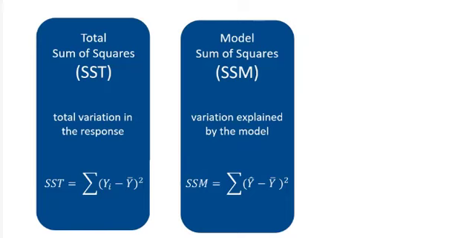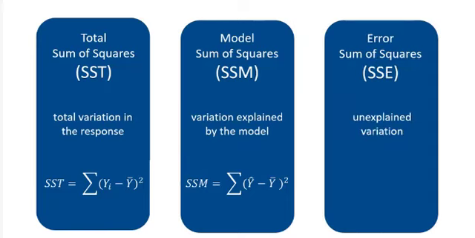Now, the smaller you get your error, the better your model is for that specific situation. So the error sum of squares, or SSE, is a measure of random error, the unexplained variation. And as I said, usually you sum them up to get the total sum of squares.